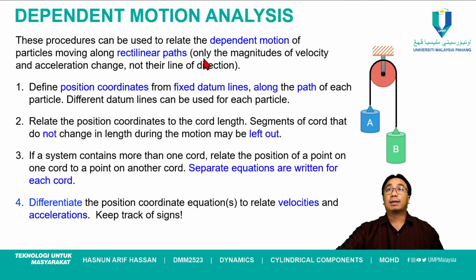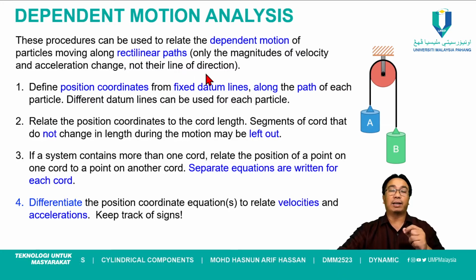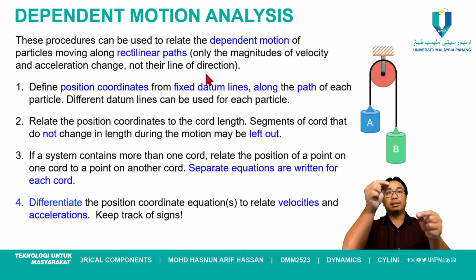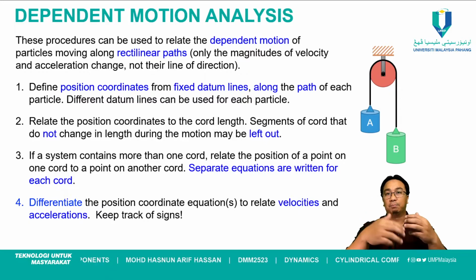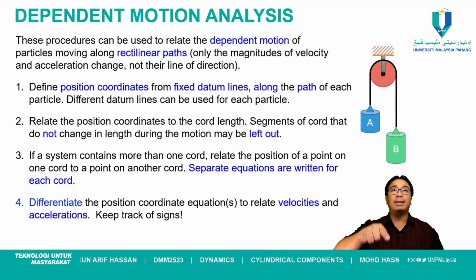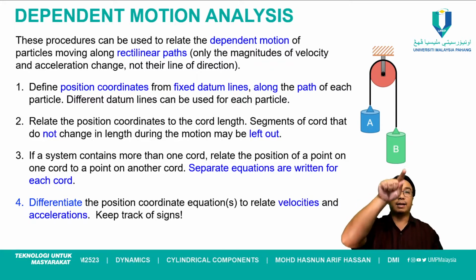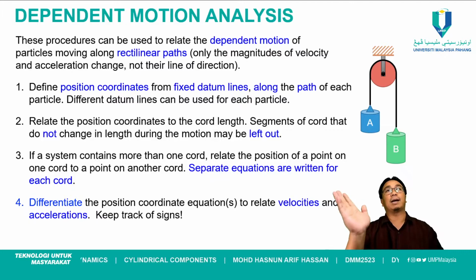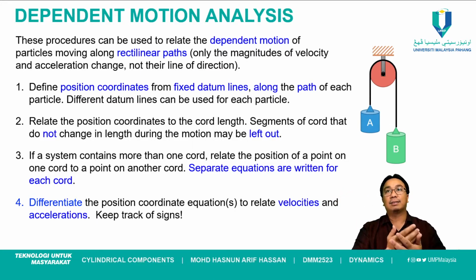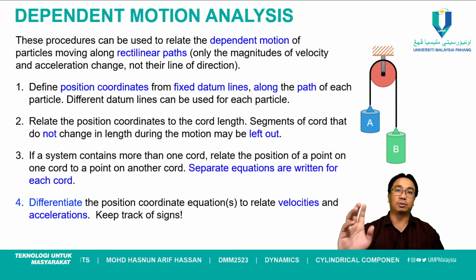And this is most important, only the magnitude of velocity and acceleration change, not their line of direction. It means velocity and acceleration can change, increase or decrease, but must stay on the same line of direction. So if it only goes from bottom up, it cannot go left or right. If that's the case, then it's a different problem. We cannot use this procedure anymore.